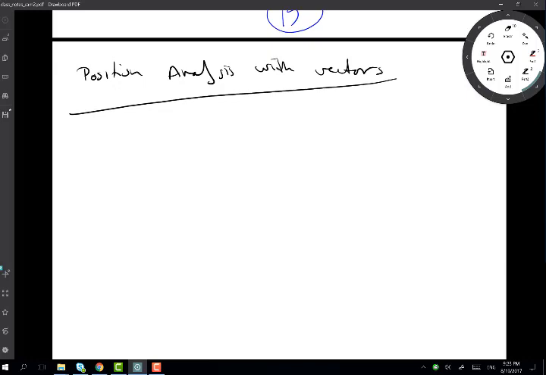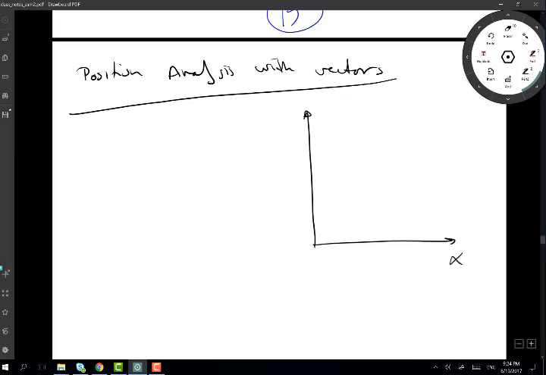Just wanted to give you some quick things about vectors. You probably already have a good idea about vectors. Let's say I have point A here and point B, and a vector over here. I'm going to call this, for example, RA, capital R for vector.